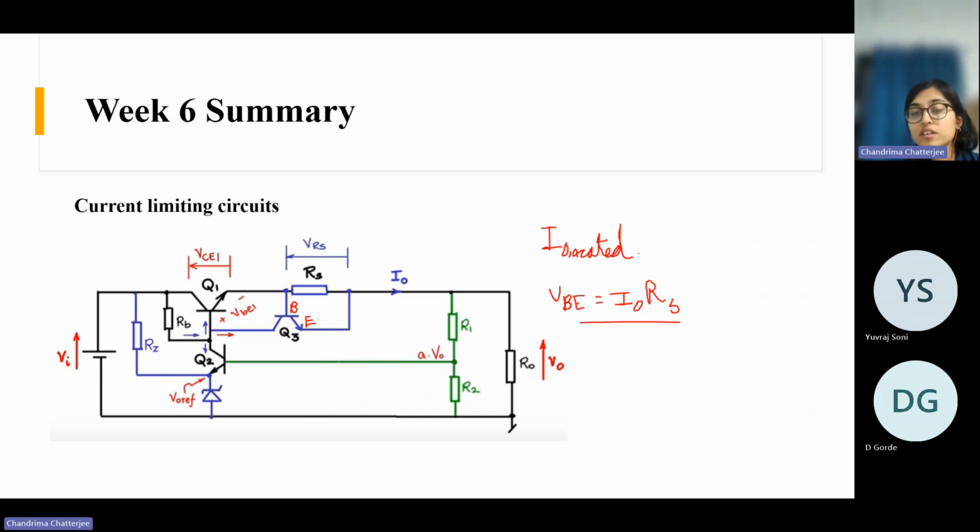Suppose at some point your I naught RS drop is lesser than this cut-in voltage.